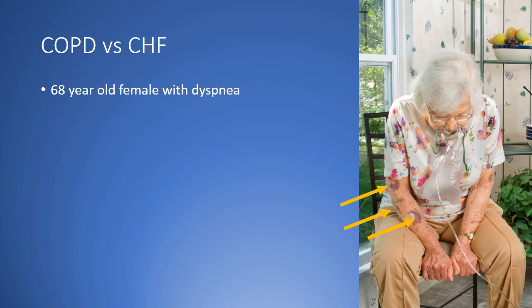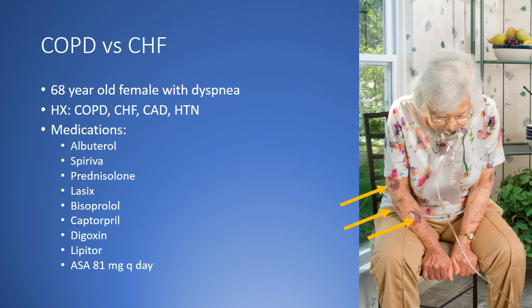Maybe she has skin tears and things like that. So I'm going to automatically suspect that she's taken steroids, because that not only can make the vessels really fragile and prone to breaking, but can also decrease the collagen in the skin and predispose her to skin tears. So she has a history of COPD, CHF, CAD, which is coronary artery disease, and hypertension.